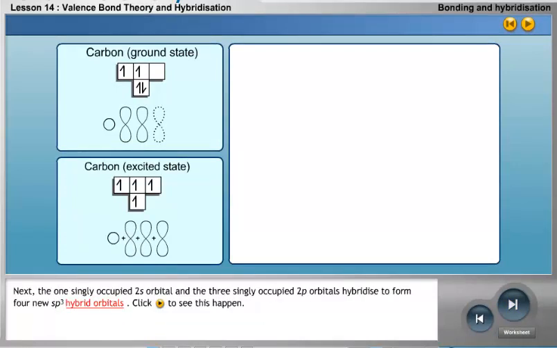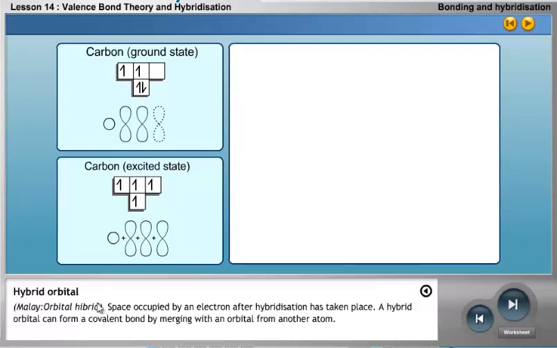Next, the 1 singly occupied 2s orbital and the 3 singly occupied 2p orbitals hybridize to form 4 new sp3 hybrid orbitals. Click the forward button to see this happen.